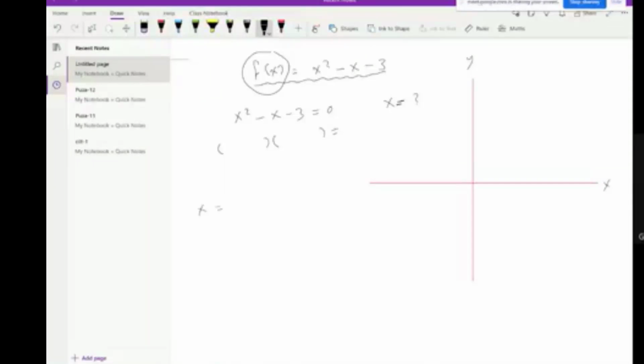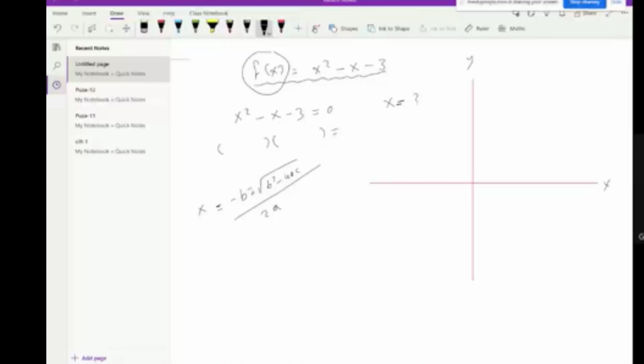By using the law, minus b plus or minus the square root of b squared minus 4ac, over 2a. You remember that, huh? Yes, doctor. This is the law to solve a second order equation or quadratic equation.